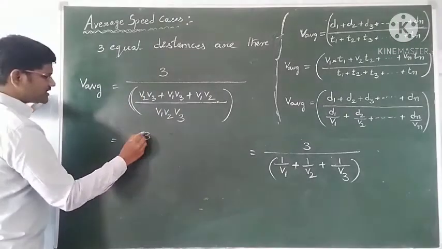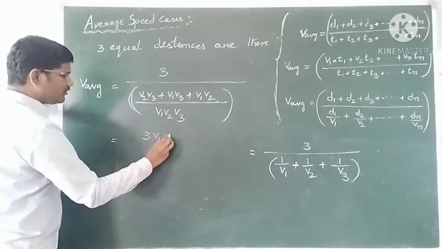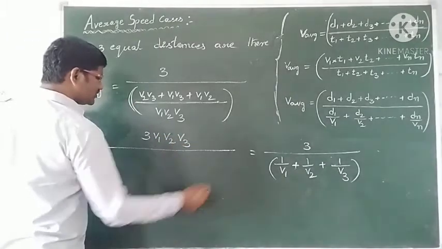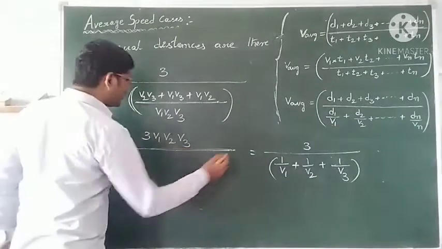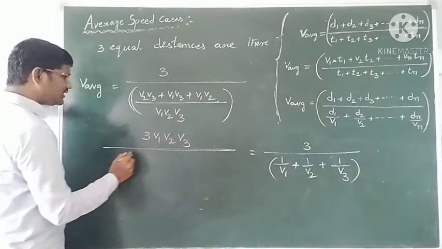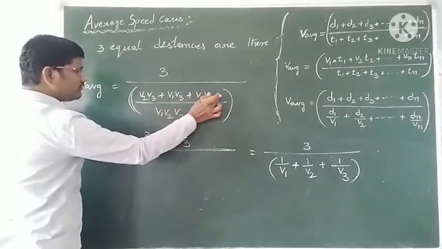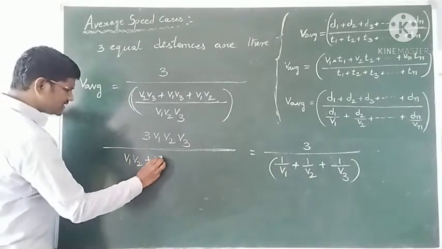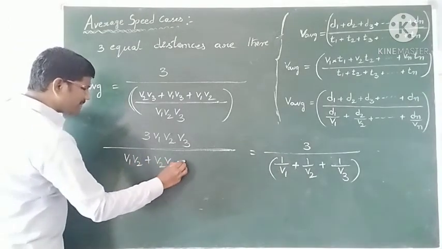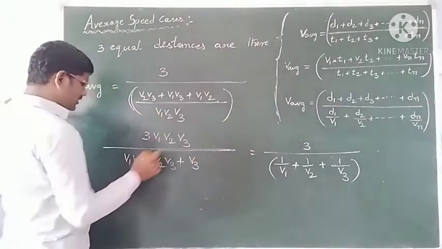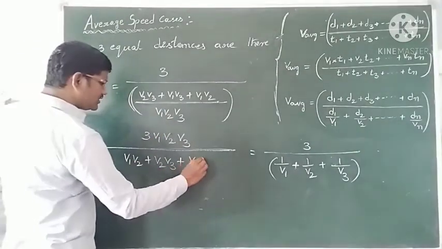So how will you get, students? 3 into V1 into V2 into V3. Okay, so it will become reciprocal now. 3 V1 V2 V3 by V1 V2 plus V2 V3 plus V3 V1.